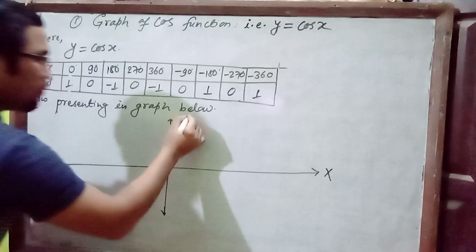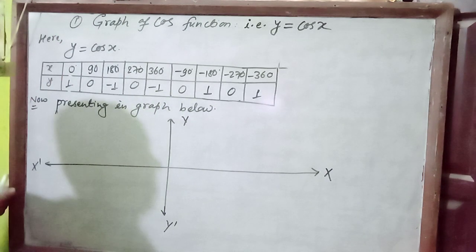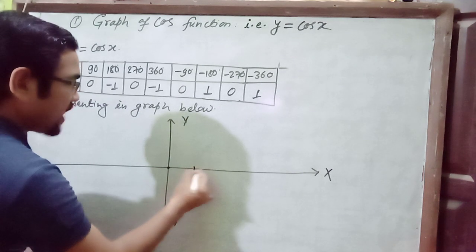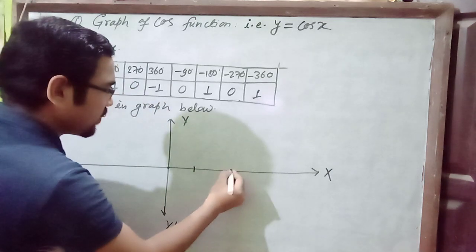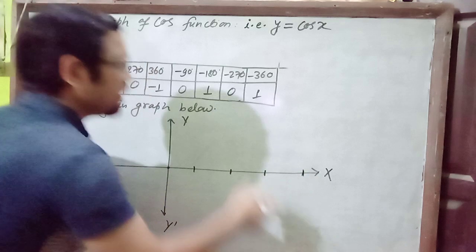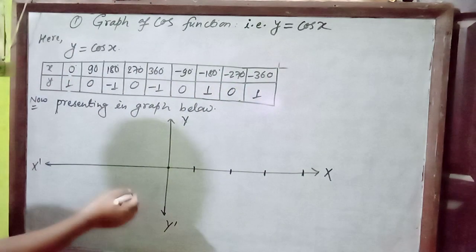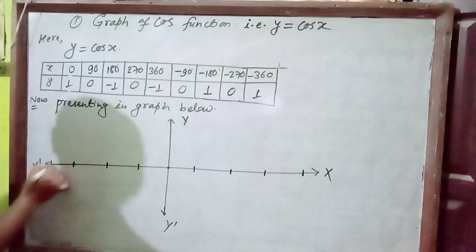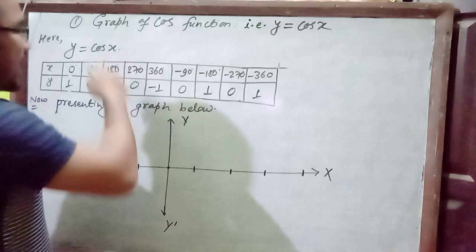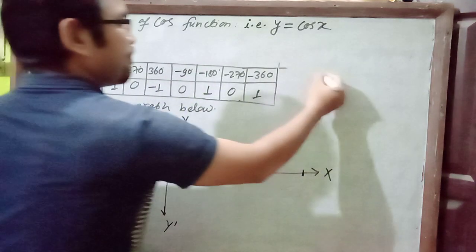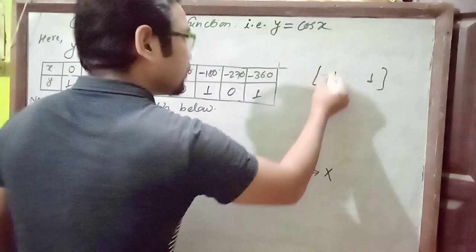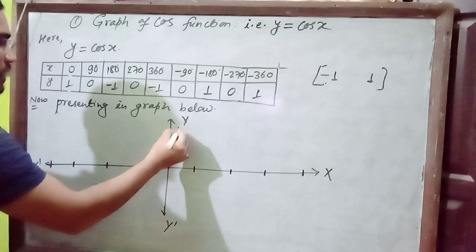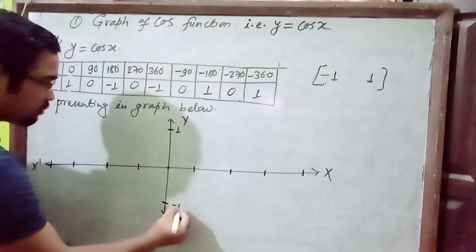X dash, y, and y dash. In this Cartesian plane, we can draw it. Here this is 0. This is 1. This is plus 90, plus 180, plus 270, plus 360. If more are needed, then we can extend it. Here is minus 90, minus 180, minus 270, minus 360. And the values of the cos function also lie between minus 1 to 1. Here is positive 1 upside, and downside is minus 1. Like this we can draw minus 1.